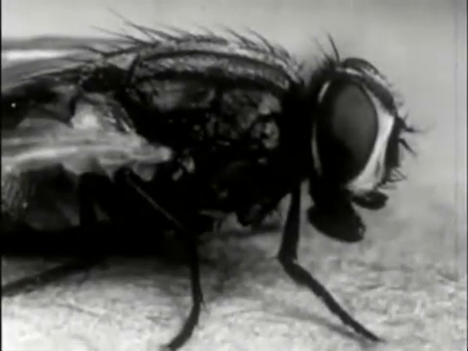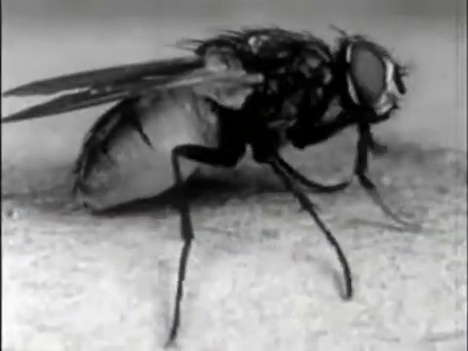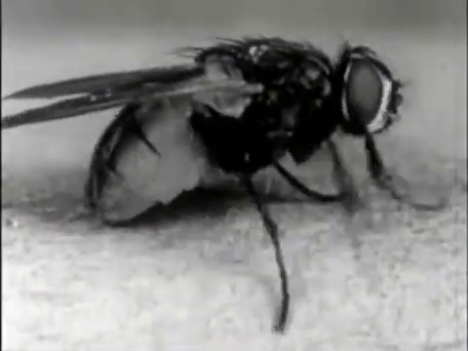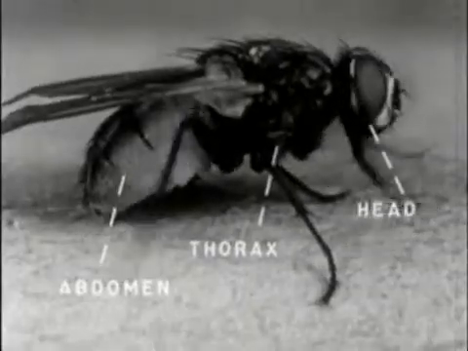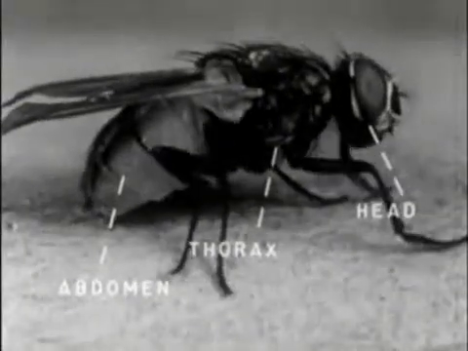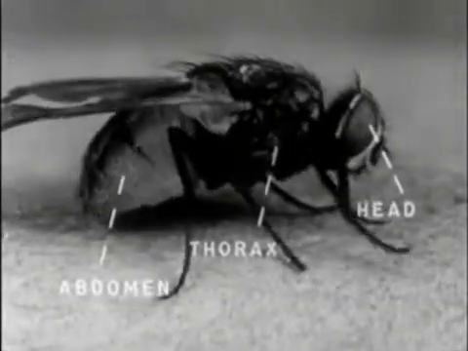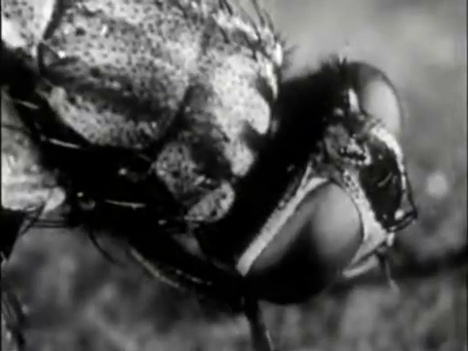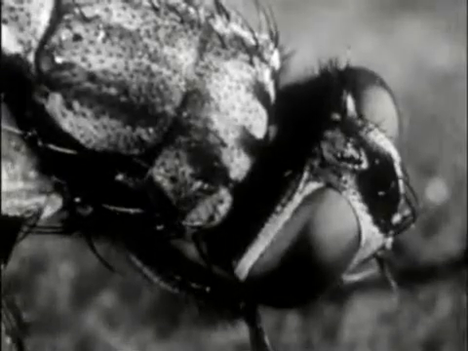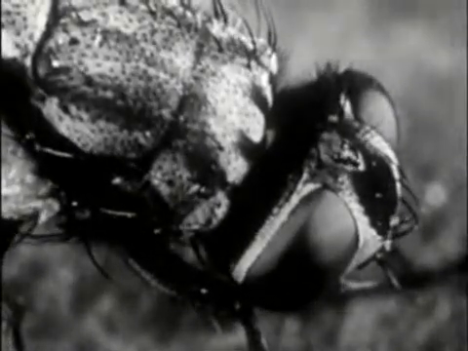Being a true insect, the housefly has three distinct body parts: a head, a thorax, and an abdomen. The head bears the eyes, antennae, and mouth parts, or proboscis. The surface of each of the large compound eyes is divided into approximately 4,000 facets or individual lenses.